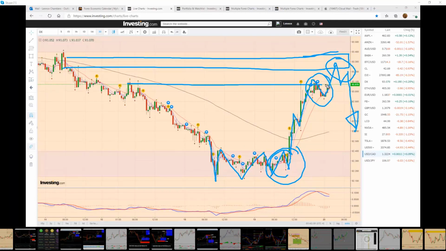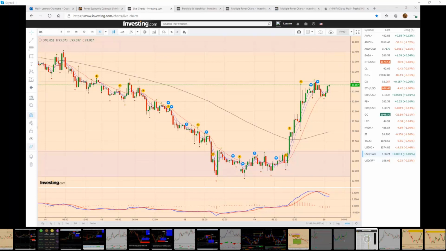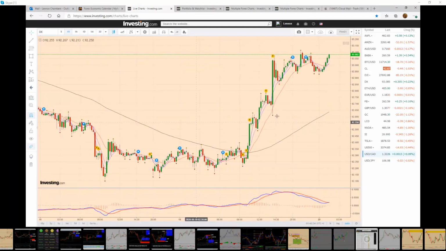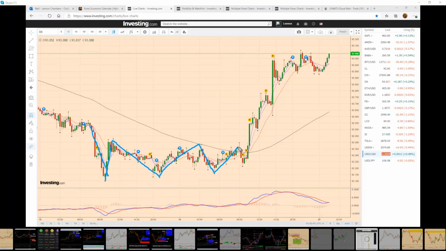At this point in time, this is on the 30, looking like the US dollar has a little bit of strength to the upside, at least in the short term. So we're dropping to the 15, take an even closer look at this. All right, now we can really see this. Drop to this level, up, down, up, down. There's our 1, 2, 3.